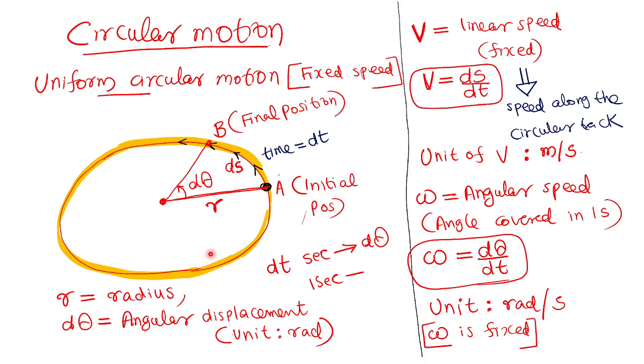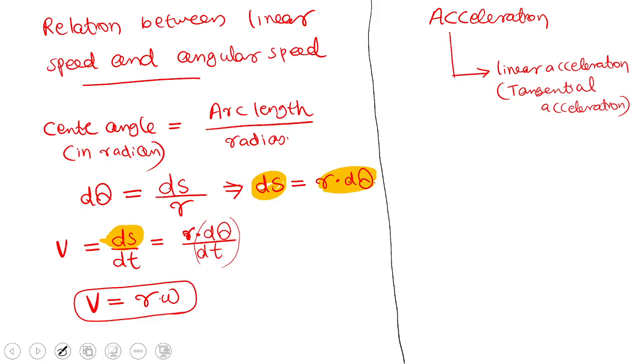Anybody? No acceleration, right? If I am moving with a fixed speed, I am not increasing my speed along the track. If I am not increasing my speed, I can say that my acceleration is 0.